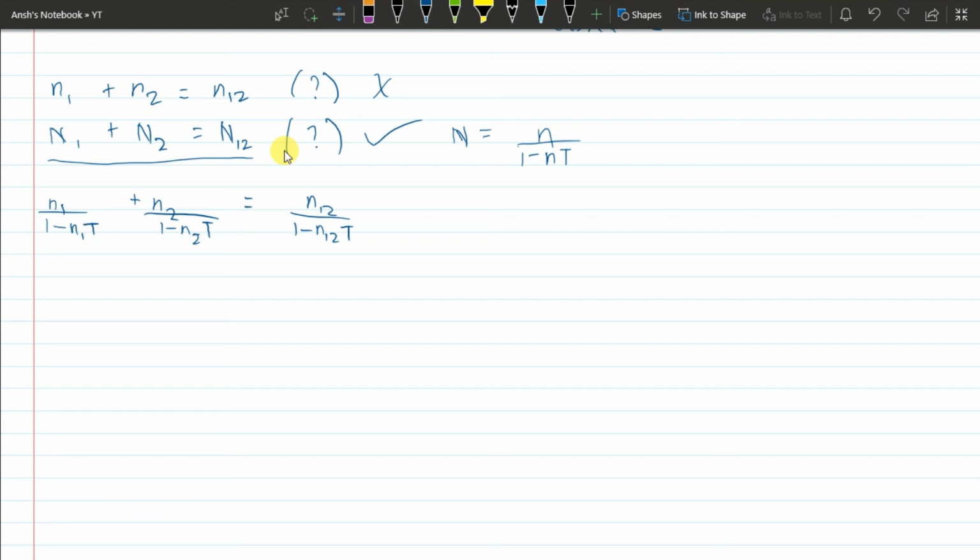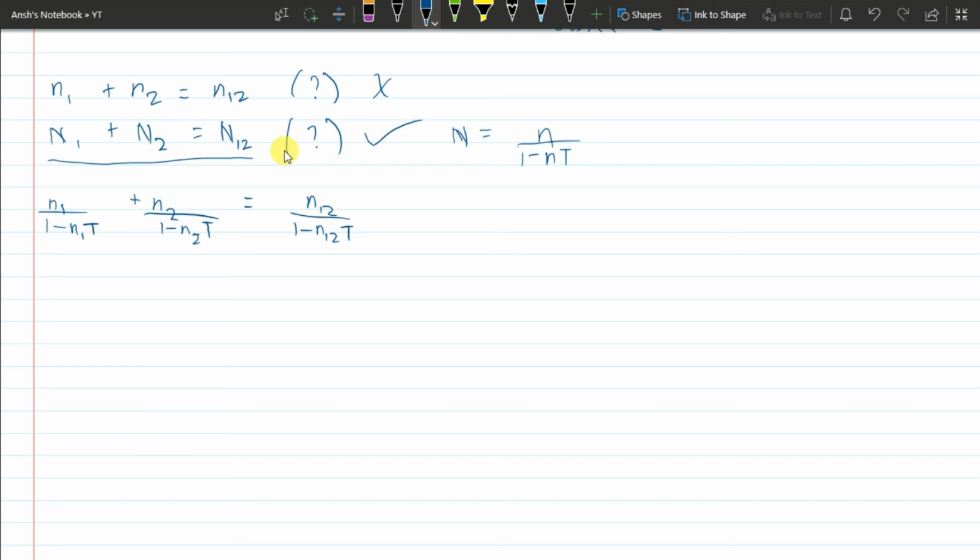You should note that in this equation or relation, we have all experimentally measurable values. So small n1, small n2, and small n12 are all experimentally measurable. So we don't have to make any assumptions. We just have to do three experiments and we have to solve this equation.